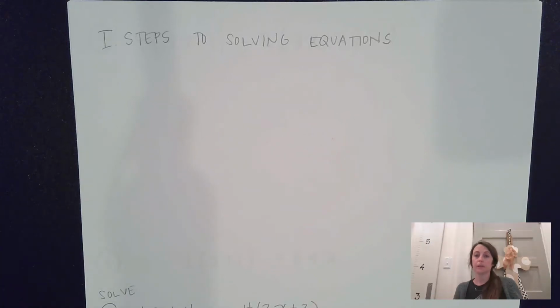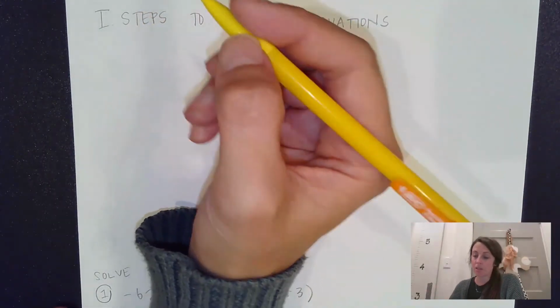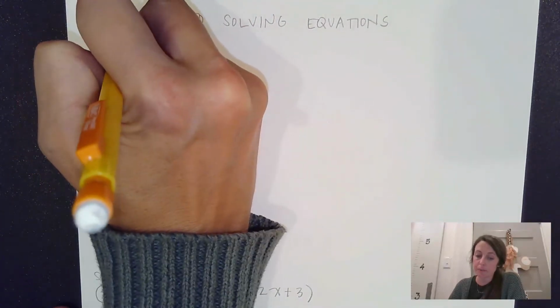Okay, so now we're going to look at putting this all together and doing steps to solving equations. So we're going to start with anytime that you have a fraction, let's get rid of the fractions and any decimals.